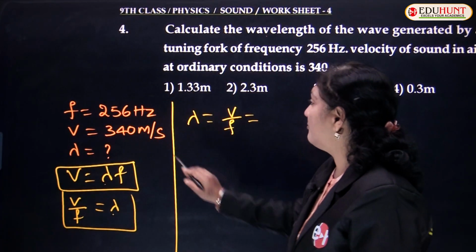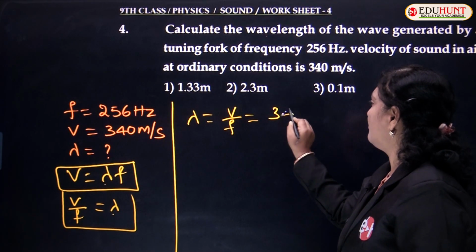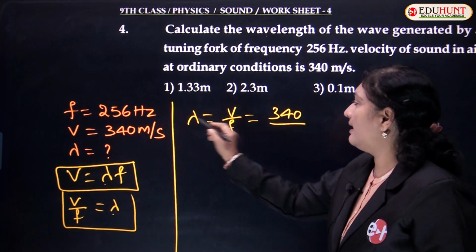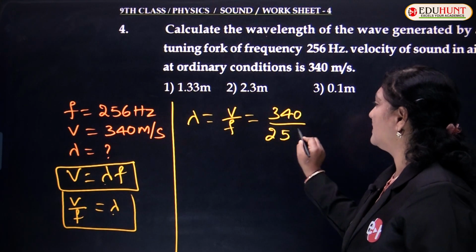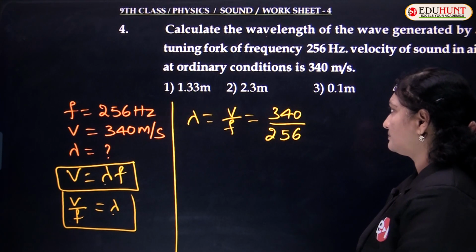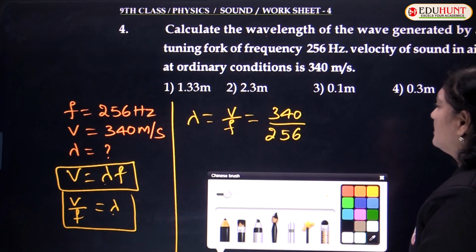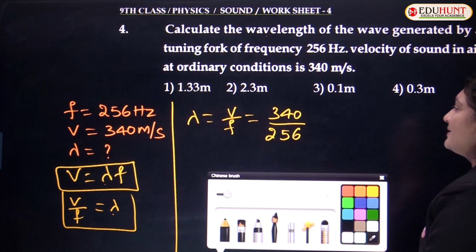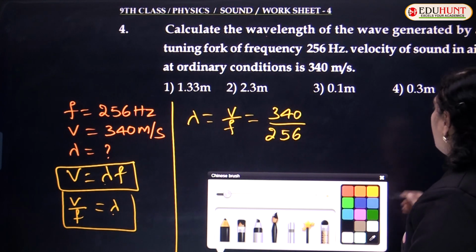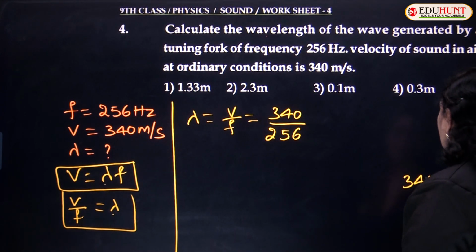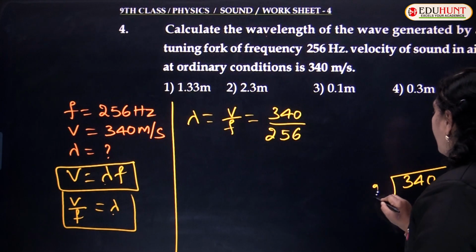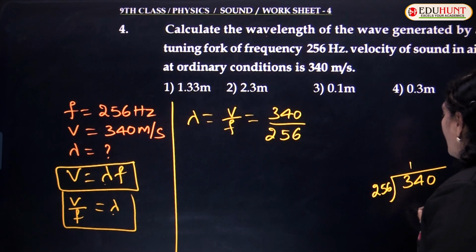So what is the value of v? You take it as 340 meter per second and f as 256 Hz. So simplifying this carefully, there is nothing much about the simplification. It's better to divide this. 340 when divided with 256 goes one time.